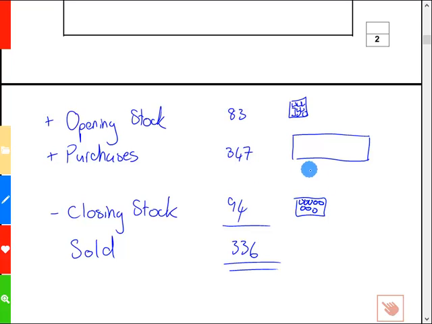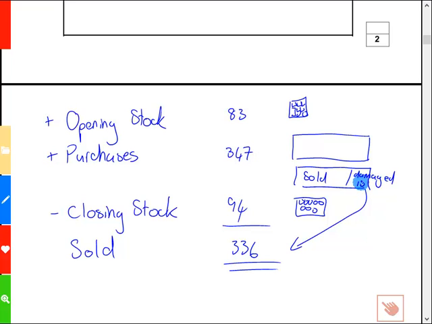This batch that we took out, we've now calculated to be 336. But the reason that we are left with 94 is not just because we've taken out 336 from sales, it's also because part of this was damaged. So we've got part that was sold and part that was damaged.